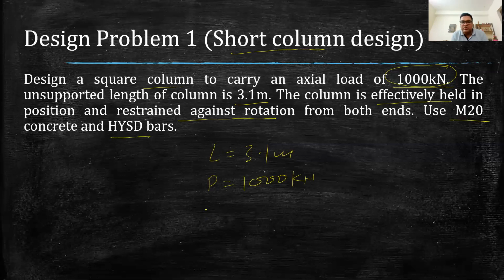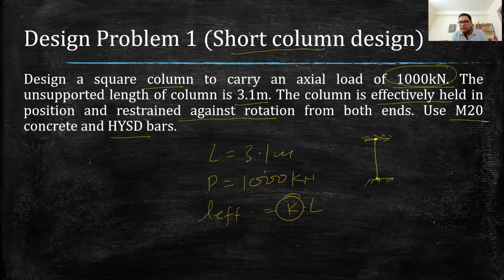So end conditions will be used to find out the L effective, which is the product of K into L. Now K is dependent on the end conditions. Here it is effectively held in position and restrained against rotation, which means if the column is connected from both the ends, the ends are basically fixed.